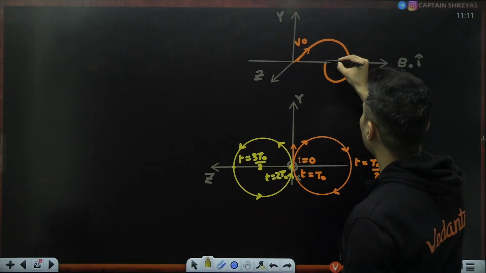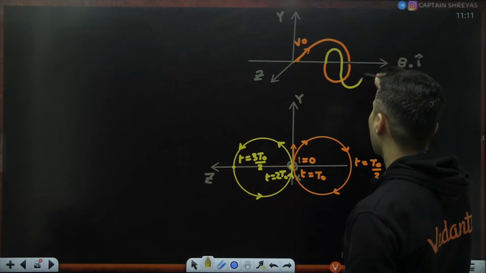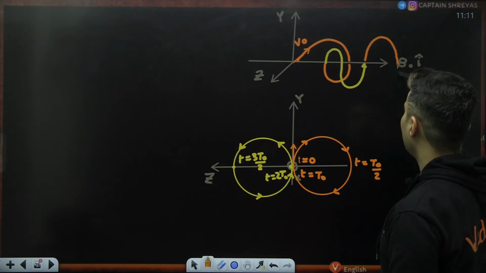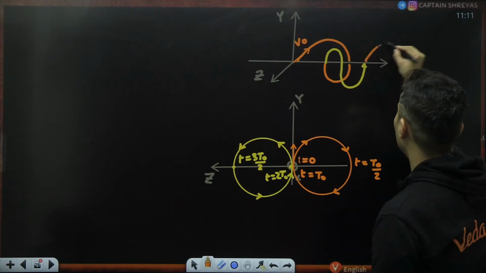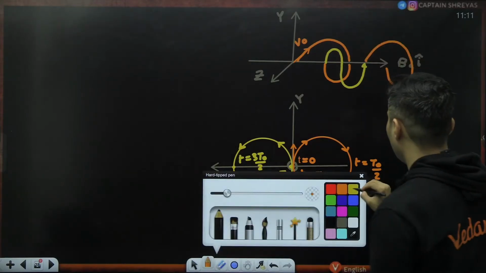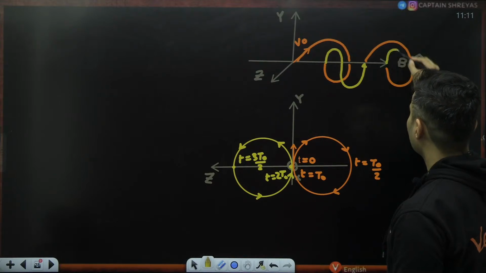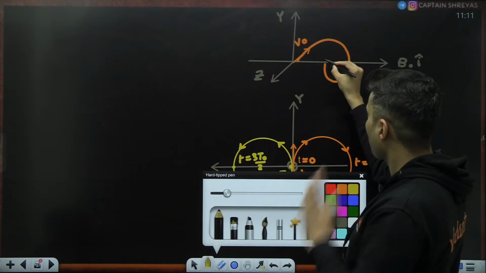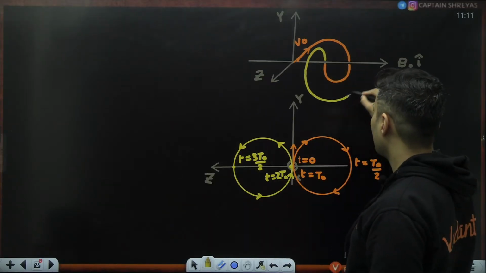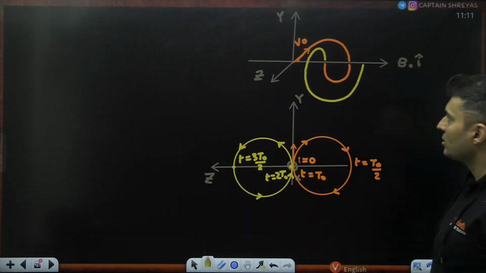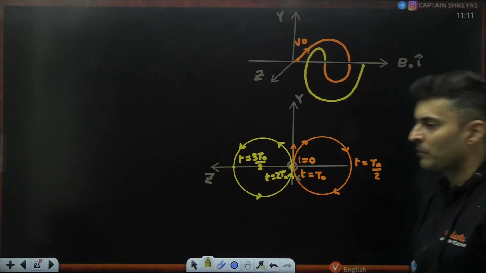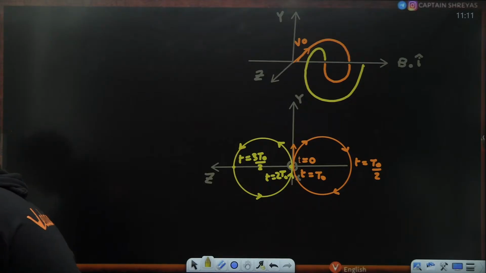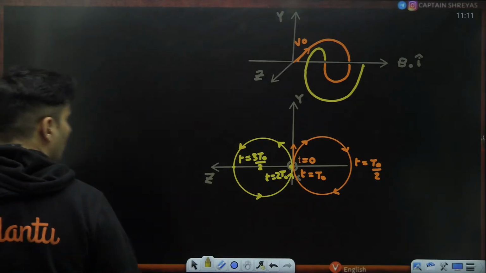How do I even draw it, guys? Like this. And then again, it will go on to this helix. And again, it will go on to this particular helix. So it's a crazy diagram to visualize. Just try to visualize, guys. Okay, that is what is going to happen. This is a dual helix. Are you able to visualize? Yes or no?